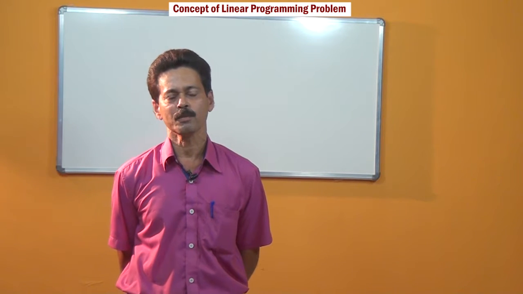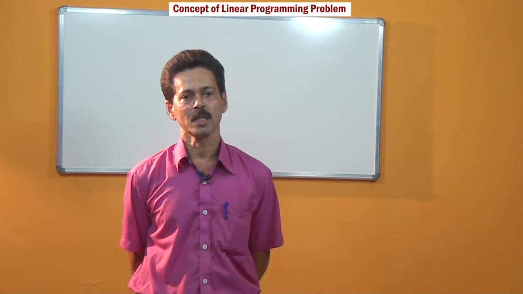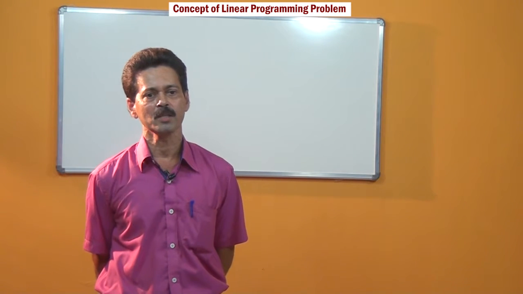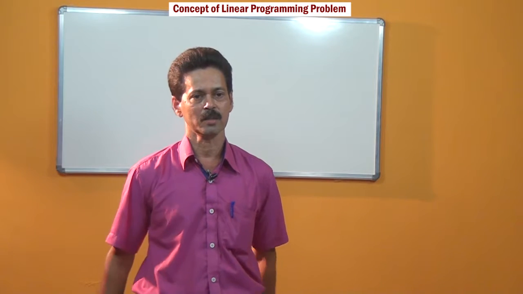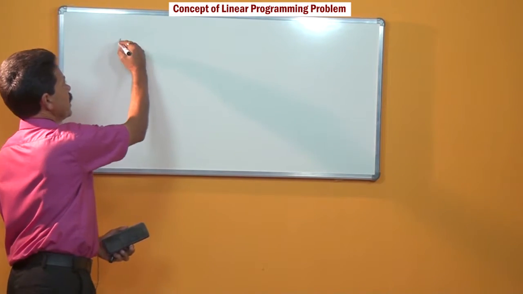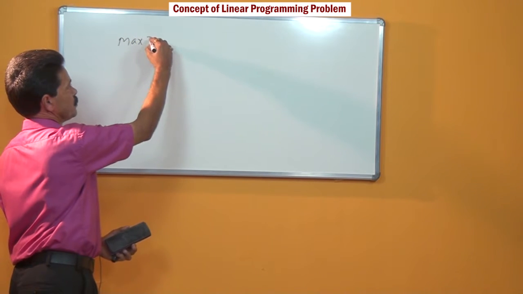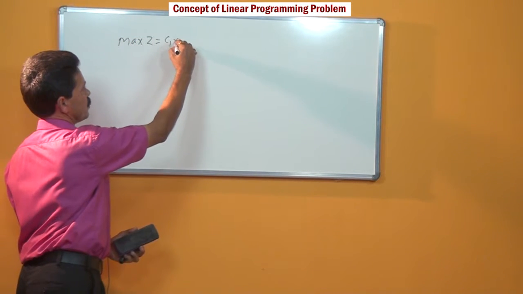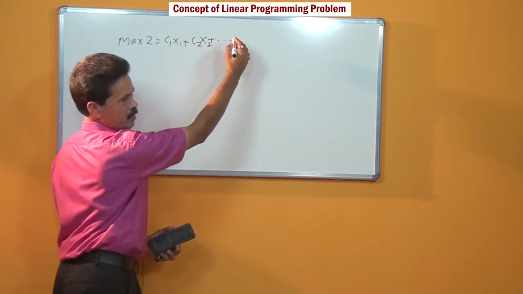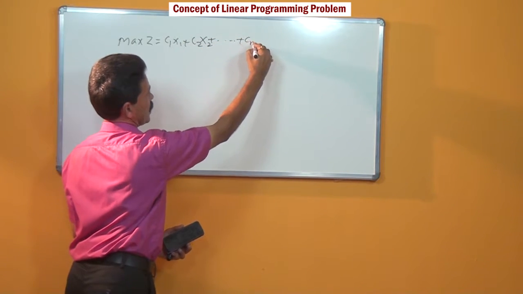A linear programming problem consists of three parts. One is the objective function, followed by a set of constraints and non-negative restrictions. Suppose maximize z = c1 x1 + c2 x2 + etc. + cn xn.